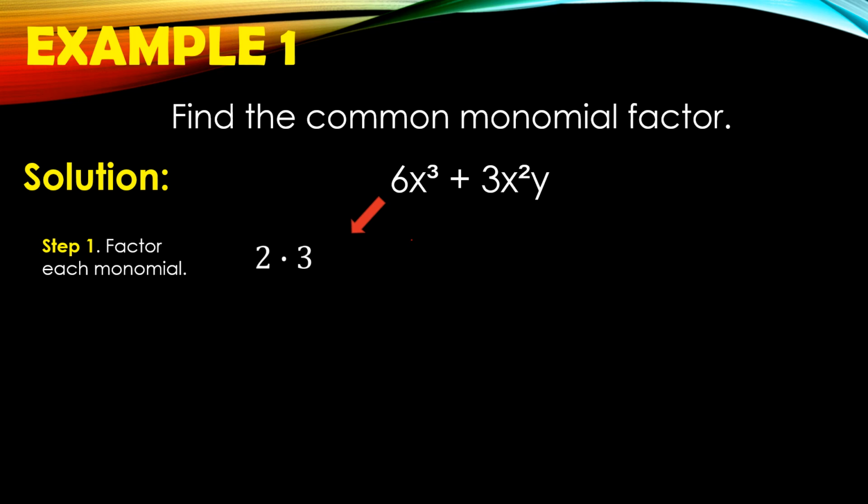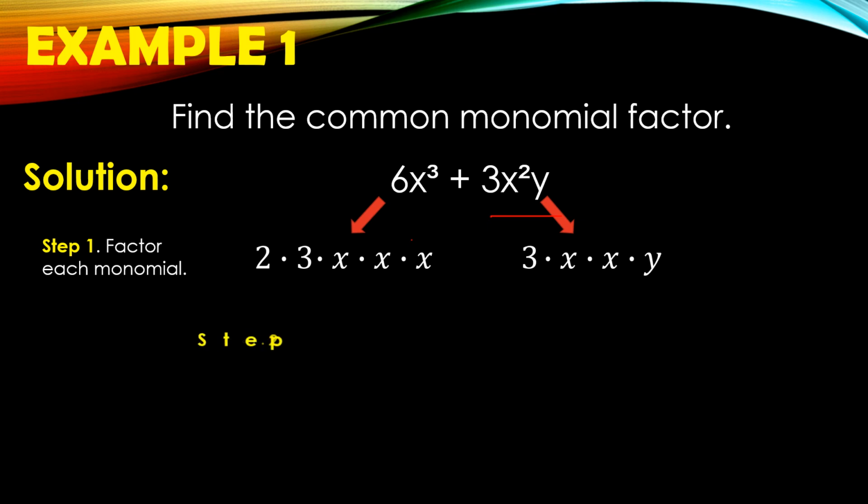How about the factors of x cubed? That's right. x times x times x. And the second monomial that we are going to factor is 3x squared y. So you factor 3 and x squared y, which is x times x times y.